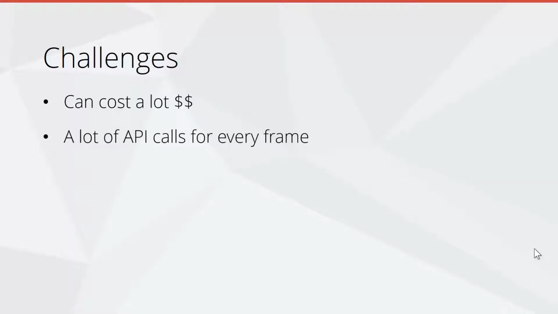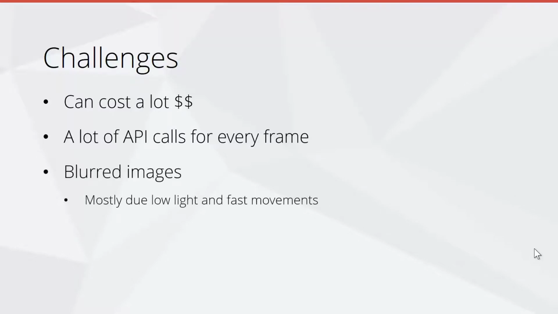We are doing a lot of API calls. And we're also having issues with blurred images, and most of them happen due to low light conditions or because people are moving pretty fast.